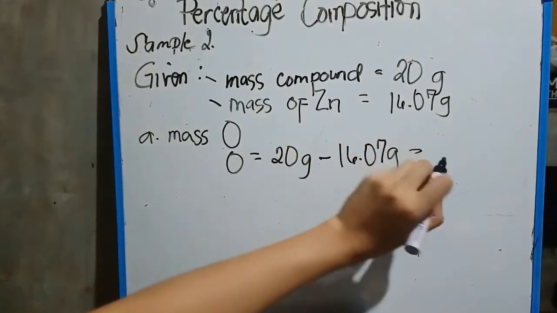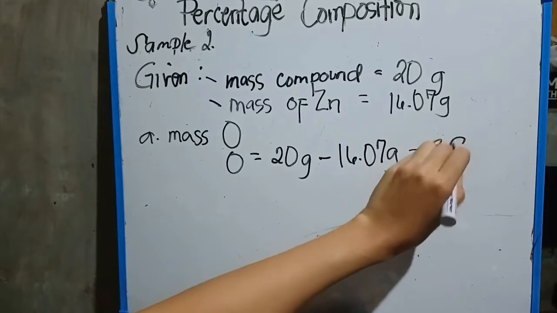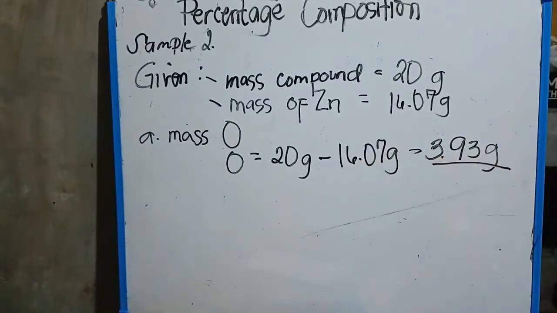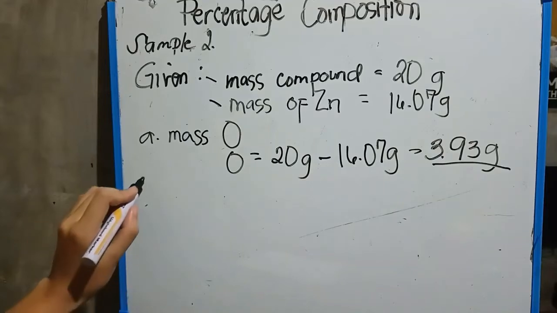So our oxygen is 3.93 grams. So this is now the mass of our oxygen. We can now proceed to step B.